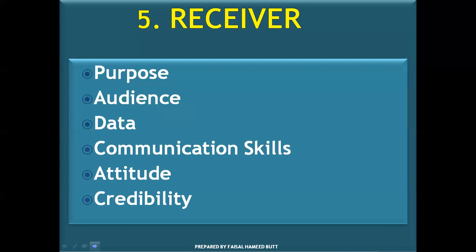Same with audience. When we said you have to put yourself in the shoes of your audience, you created a message according to their age, interest, religion, social background, and educational background. So they will respond to you.